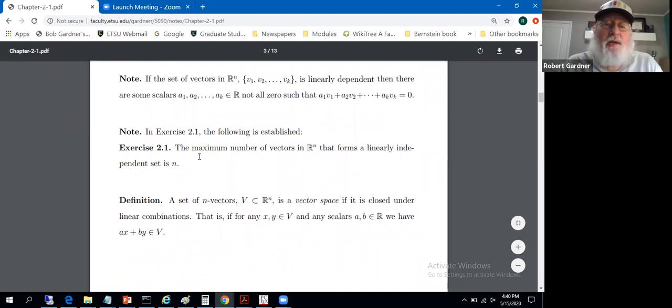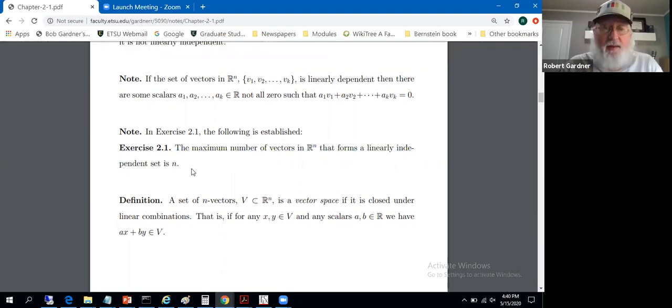Exercise 2.1 has you establish the following. The maximum number of vectors in Rn that forms a linearly independent set is n. So a set of vectors is linearly independent only if it contains at most n vectors.